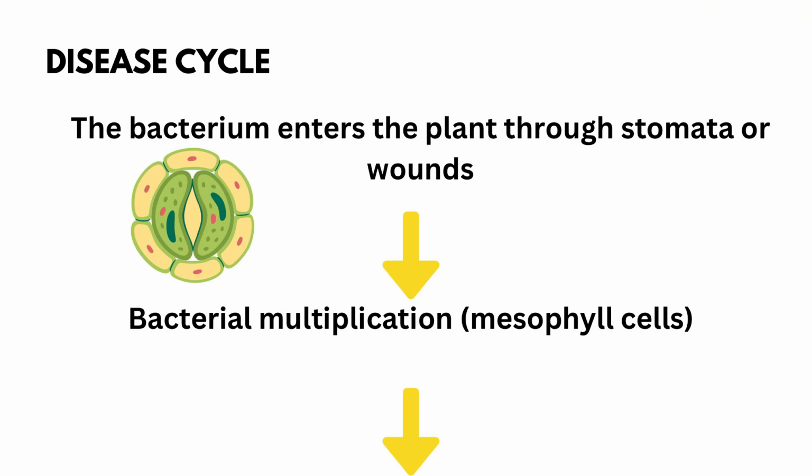Once inside the plant, the bacteria multiply and spread through the intercellular spaces of the leaves, fruit and stem. This multiplication mainly occurs in the mesophyll cells, causing tissue damage and lesions. Mesophyll cells are the cells of the plant leaves responsible for photosynthesis, as they contain chloroplasts that capture sunlight.